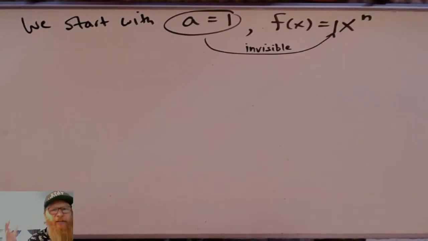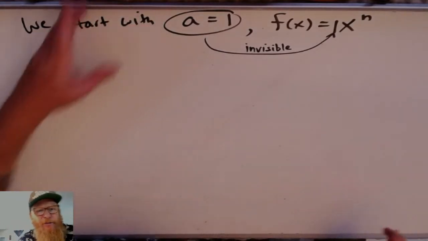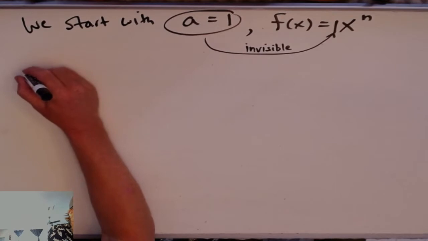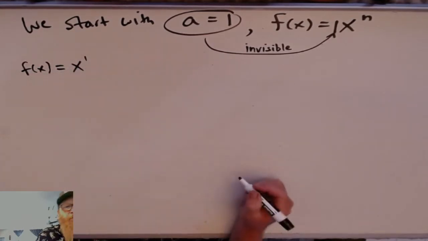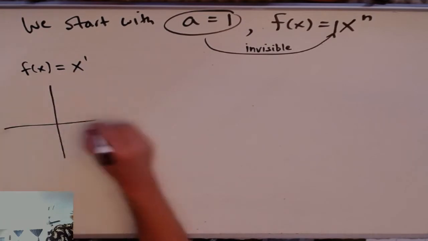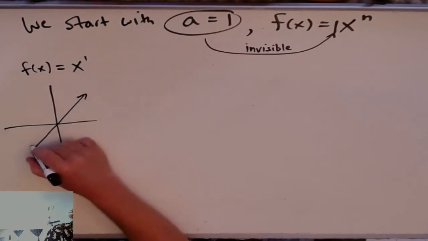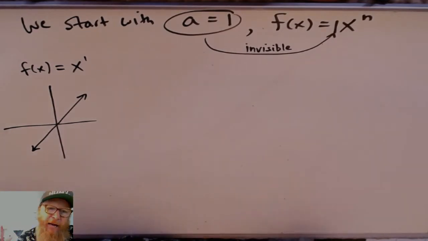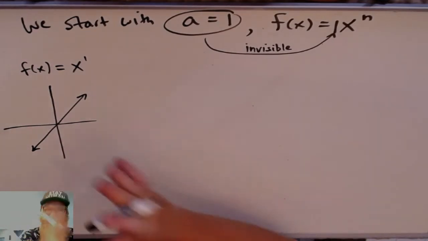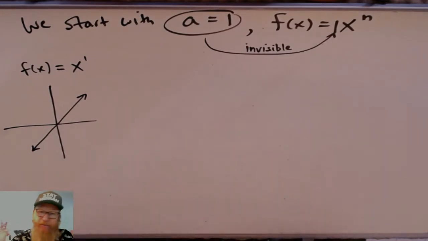All right, so let's just take a look at what these functions look like. If we have f of x equals x to the 1 power, that would just be a straight line. Now, we've already had an entire lesson on transformations and graphing functions and making tables of values.